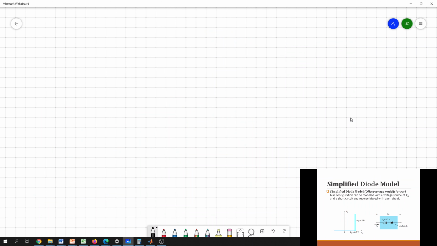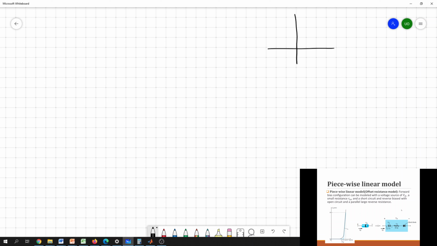So the third is again, in those two cases we didn't capture the curvature of the characteristic. So this curvature is not captured anymore.